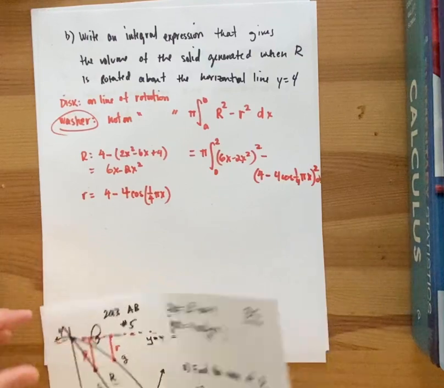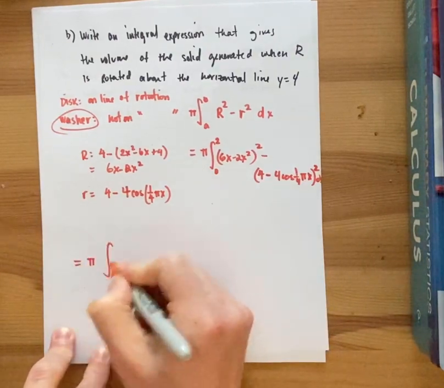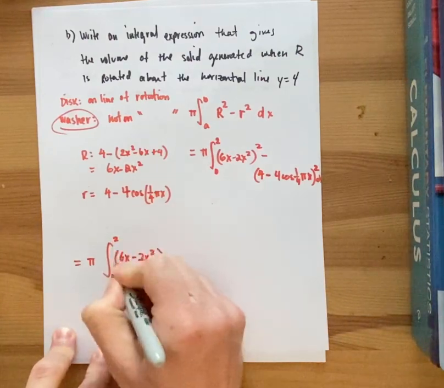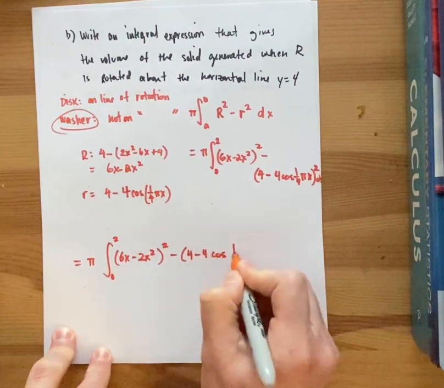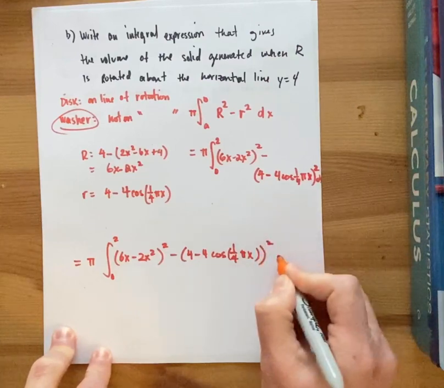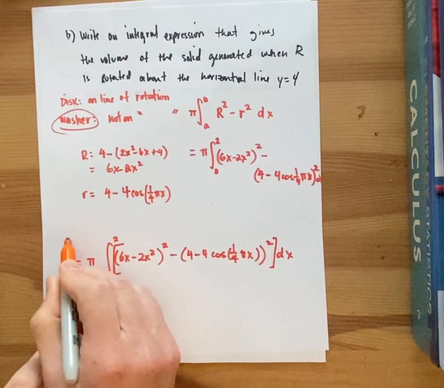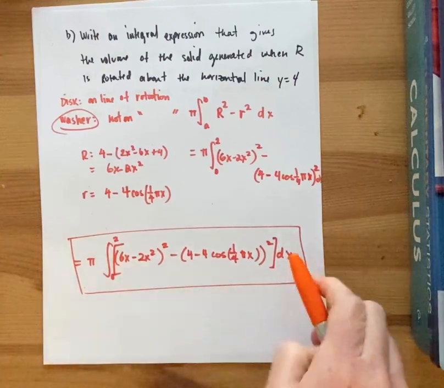So let's just write that a little bit neater. It's going to be pi integral from 0 to 2, 6x minus 2x squared, the whole thing squared, minus 4 minus 4 cosine 1/4 pi x, the whole thing squared, dx. Okay, and there is your setup for the volume rotated around y equals 4.